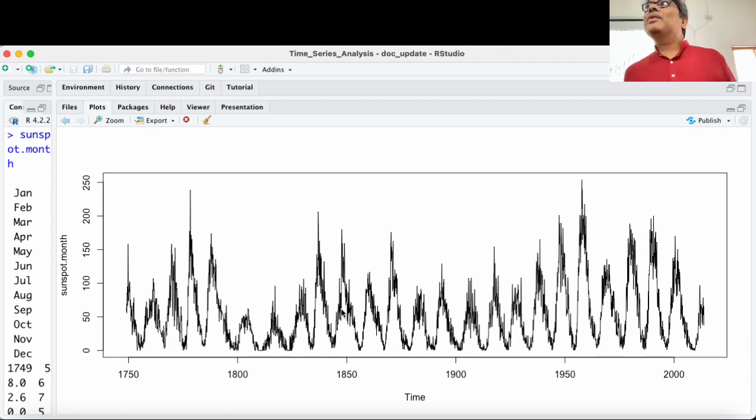If it is 4 cycles, it will be about a 12-year period. If it is 5 cycles, it is a 10-year period. So maybe the periodicity is around 11 years. We don't know. Again, for certain physical phenomena, we don't know the exact periodicity, but from the data can we estimate the periodicity. If we can have the periodicity, obviously we can do a lot more. We can estimate, we can model, we can forecast, and all these things a lot better.